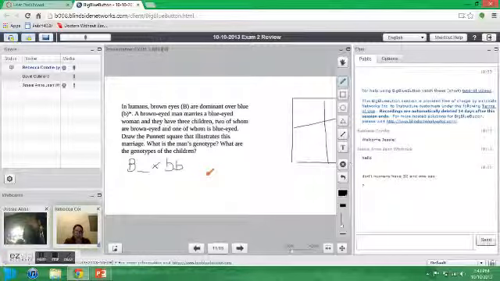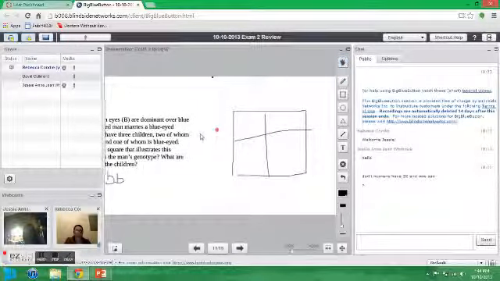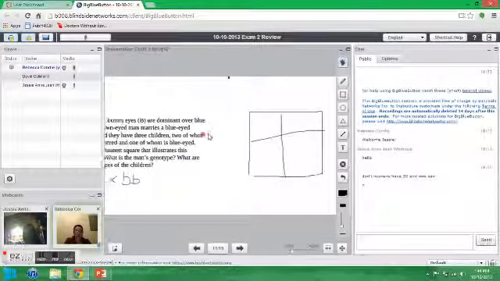So we've got 2 little b's here. Let's see, they have 3 children, 2 of whom are brown-eyed and 1 of whom is blue-eyed. So we need to fill in this genotype and figure out what the man's genotype is going to be.